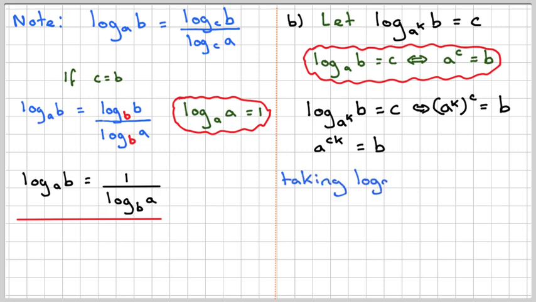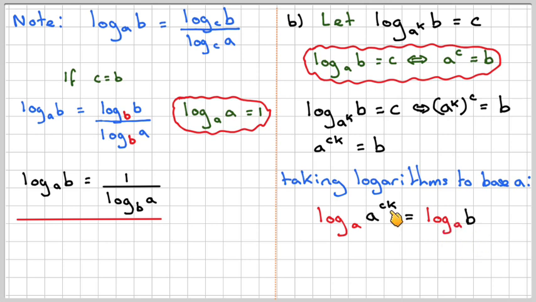Now if we're taking logarithms to the base a of both sides, we're going to get log to the base a of a to the ck is equal to log to the base a of b. We can use that rule here, bringing that power down in front like we've done before. So we're going to have ck log to the base a of a is equal to log base a of b.